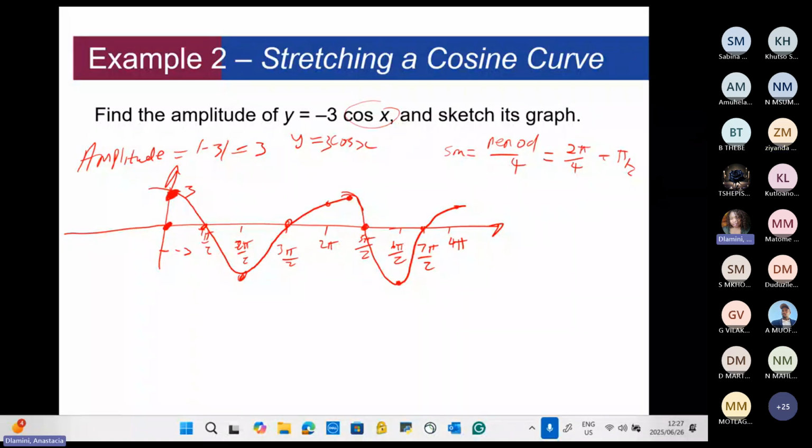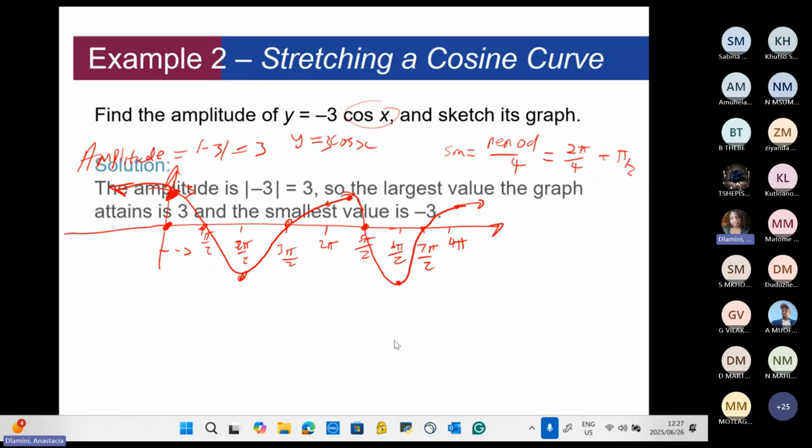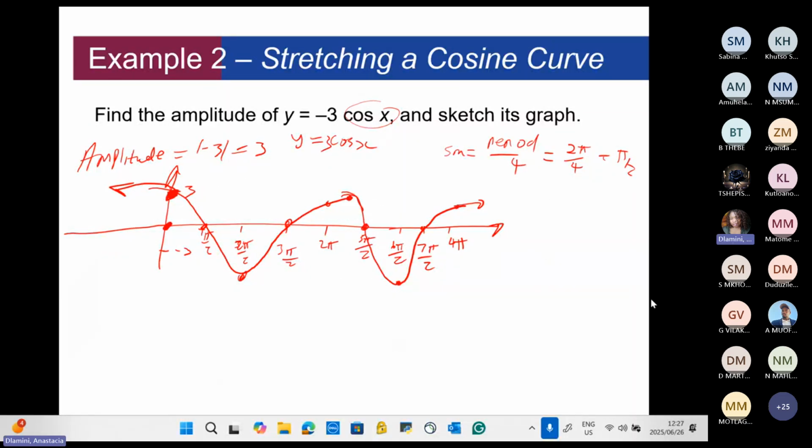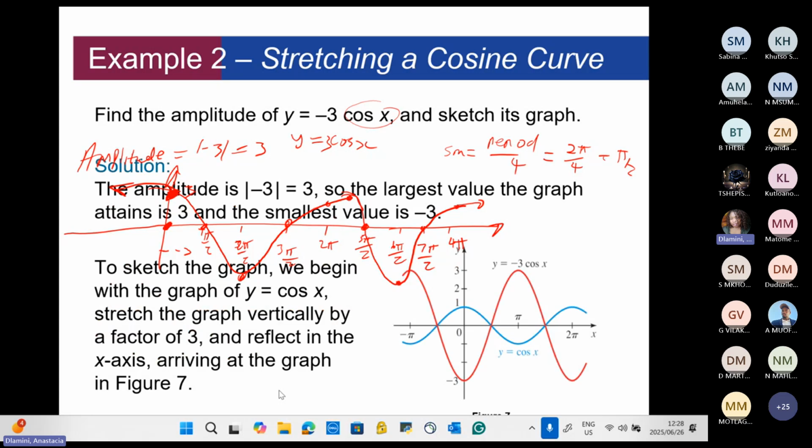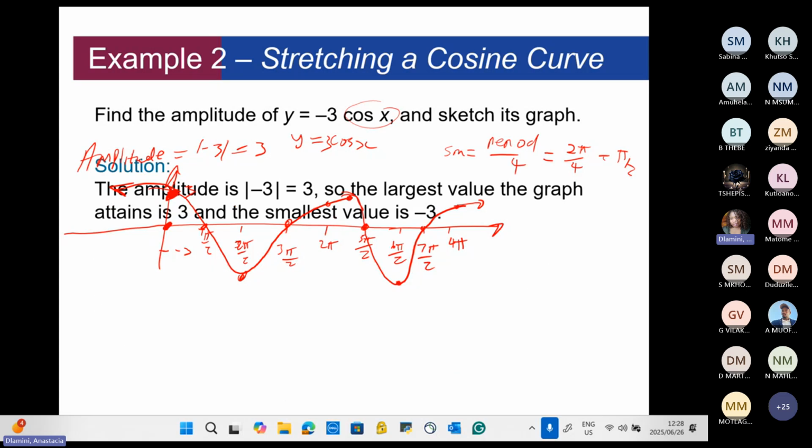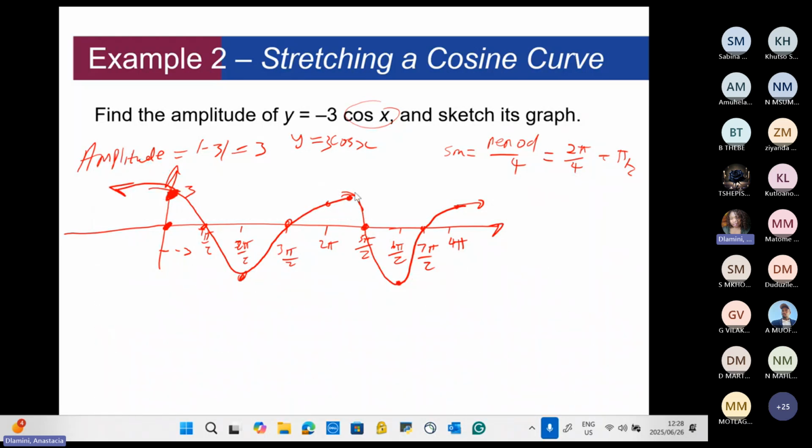Yes, ma'am. Now, for the negative, it means we have reflected the graph. Don't forget that. We have reflected the graph about the x-axis.